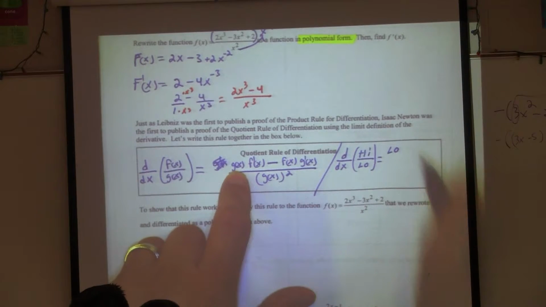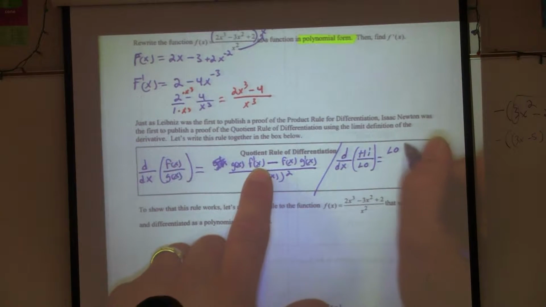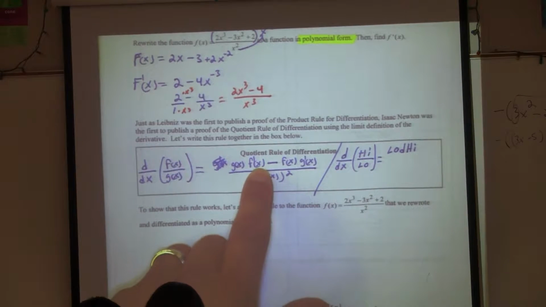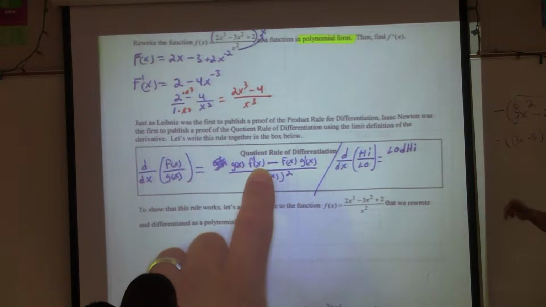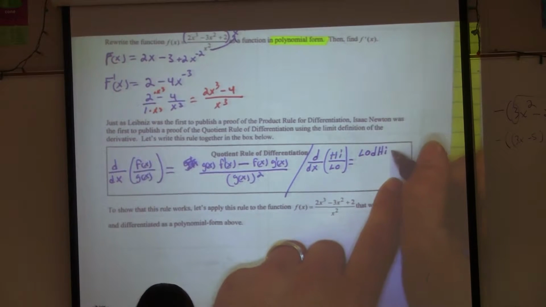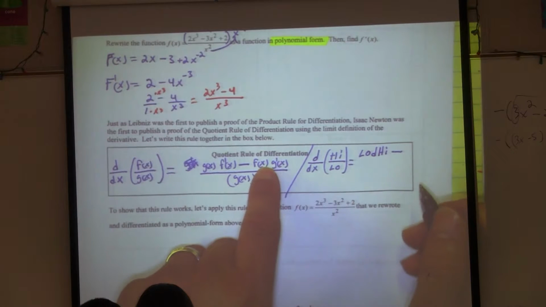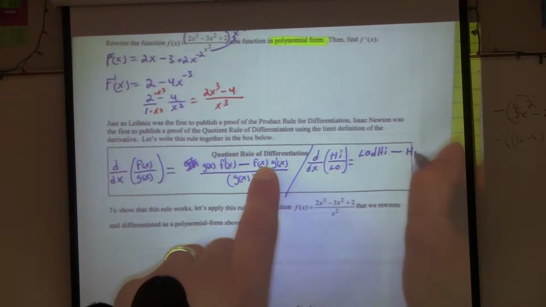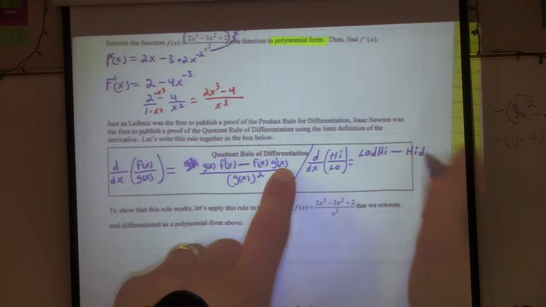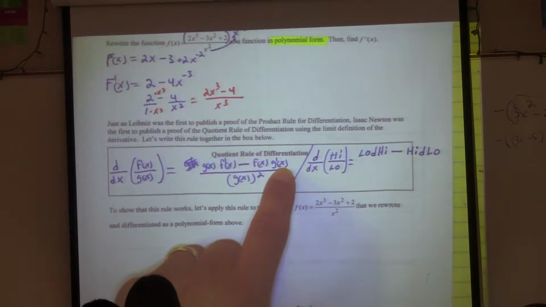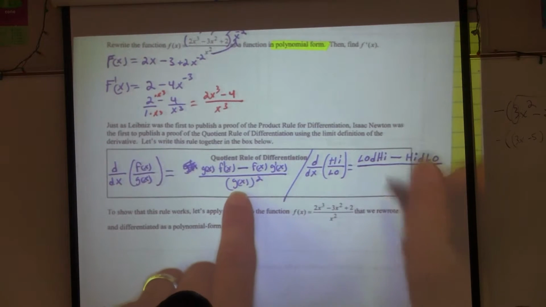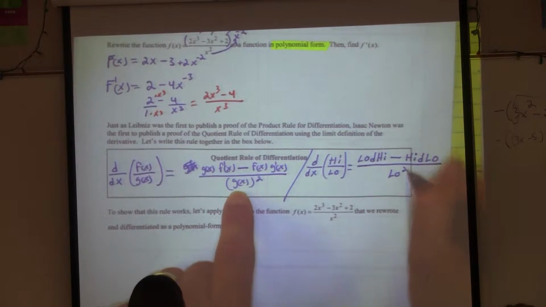So it'll be low, and then we're going to say the derivative of the top one, which is high. So low d high, you with me? Minus f, which was high, times the derivative of which one? The low, over low squared.